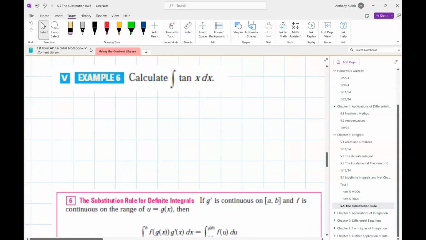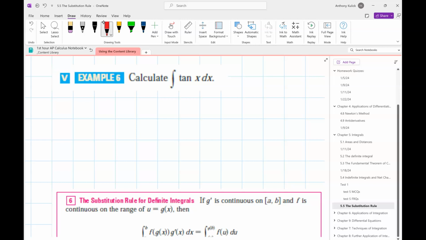But that was rough, right? That was rather complicated. All right. Let's do the integral of tangent x dx. Remember, for your integration rules, there is no antiderivative rule for tangent itself, right?